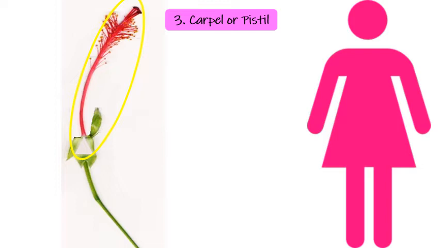When the male and the female get married, they can bring babies. That's exactly what happens in the flower's life. We need a girl, but also we need a boy. We're talking now about the girl. The girl in the flower is called the carpel. The female part is called the carpel.